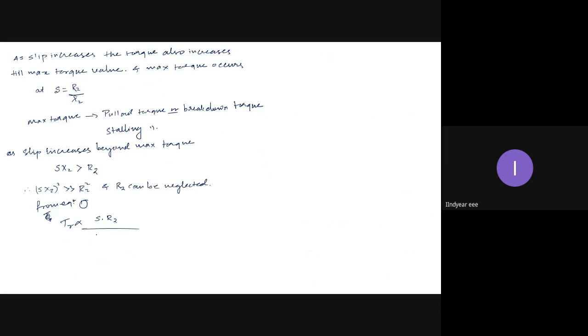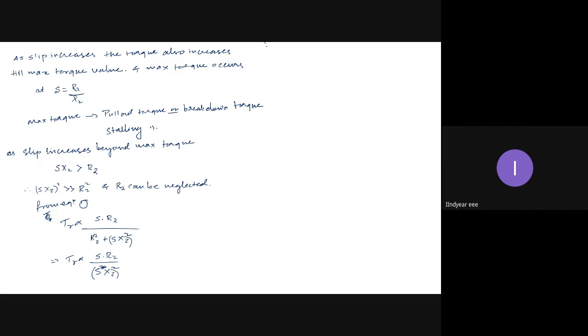So I will write this as TR proportional to S into R2 divided by S square into X2 square. Sorry, S into X2 whole square.